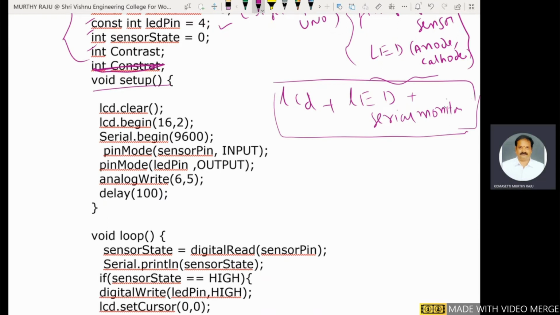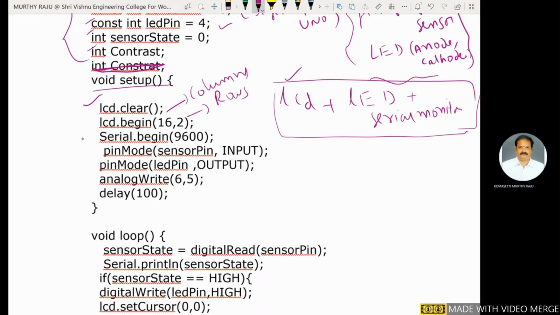These three devices. Okay. Next, first one, LCD. The screen is cleared by using this. lcd.begin(16,2) means 16 columns and 2 rows.